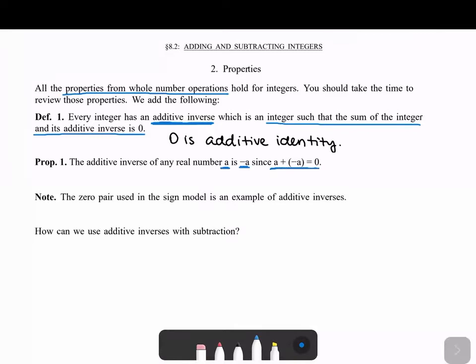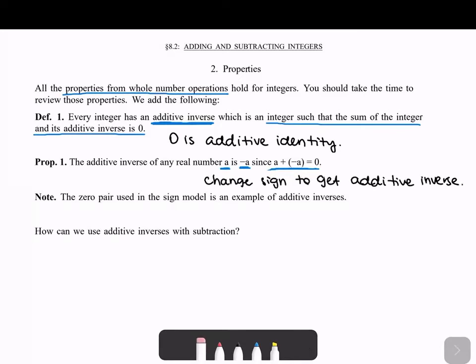That's why we call it its opposite. And so this is the additive inverse. We just have any number and you change the sign. Essentially what we're doing is changing the sign to get the additive inverse, because we know that the signs will cancel.